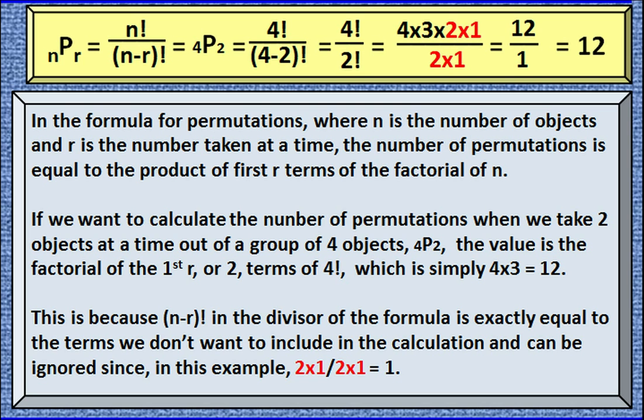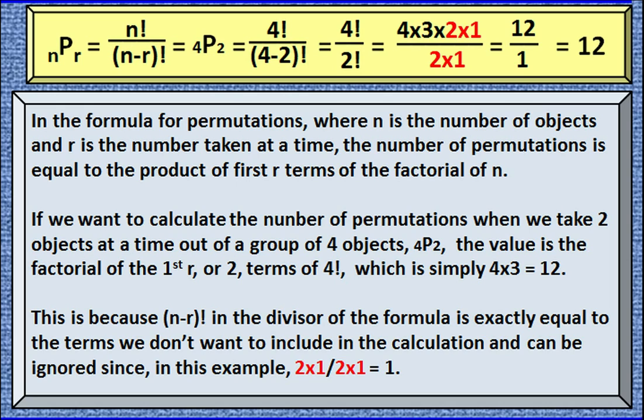In the formula for permutations, where n is the number of objects and r is the number taken at a time, the number of permutations is equal to the product of the first r terms of the factorial of n. If we want to calculate the number of permutations when we take 2 objects at a time out of a group of 4 objects, 4P2, the value is the product of the first r, or 2, terms of 4 factorial, which is simply 4 times 3 equals 12.